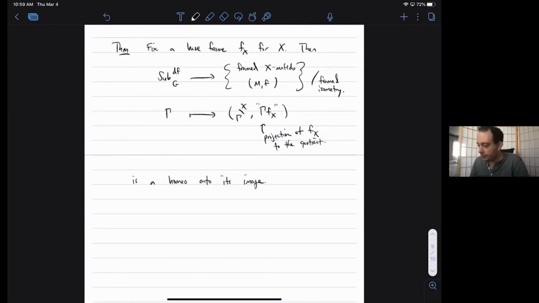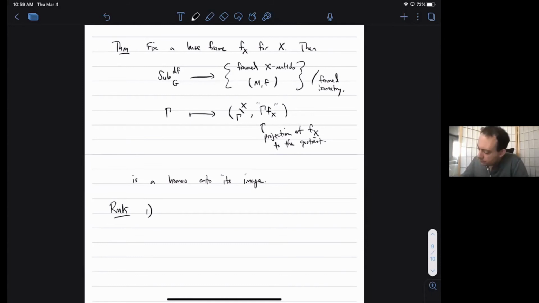Right, so in other words, I can view Chabauty convergence as exactly this smooth convergence of framed manifolds, at least when I'm looking at discrete torsion-free subgroups. And you might be wondering what's up with homeomorphism onto its image.